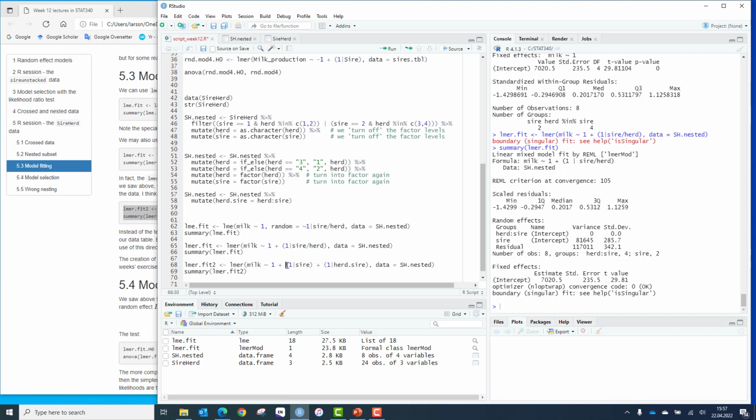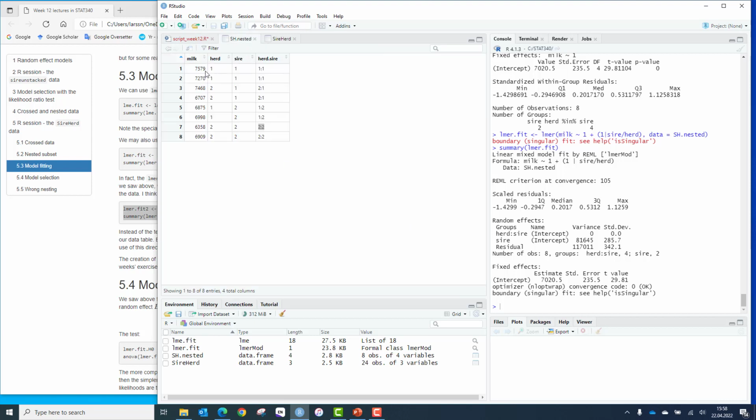Notice I now specify first only the random effect of sire plus the random effect of this variable that I created myself, herd.sire. Because this one now is just another random variable, right? If you go to the data table, I don't use this column at all. I only use this one and my newly created one.